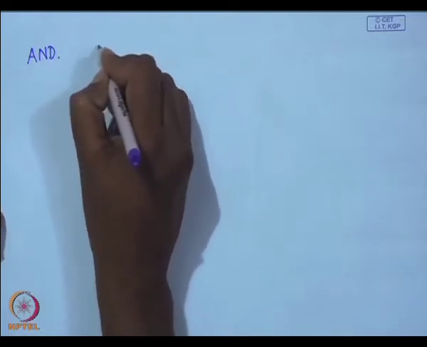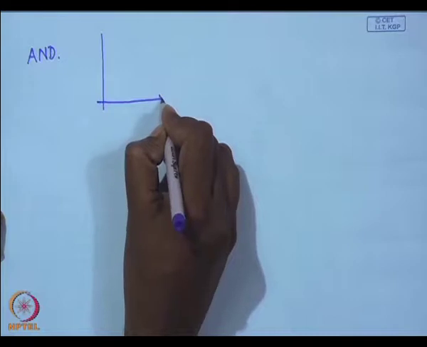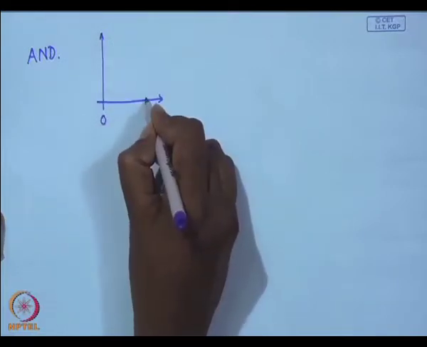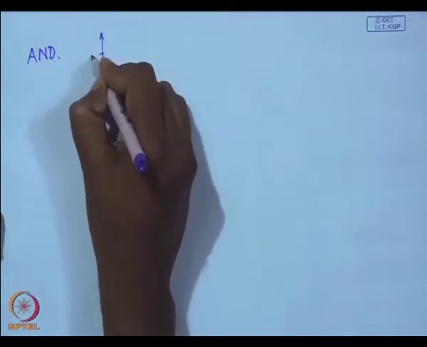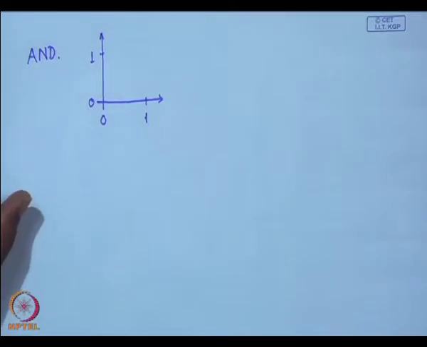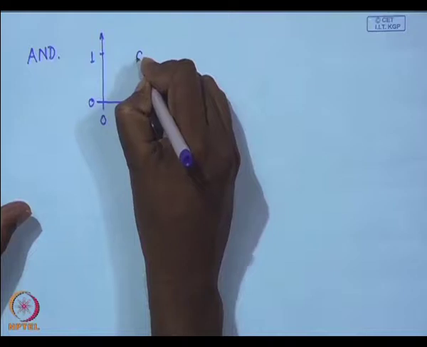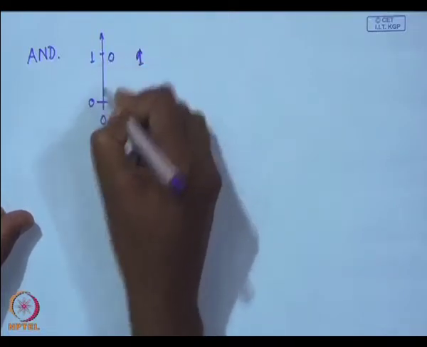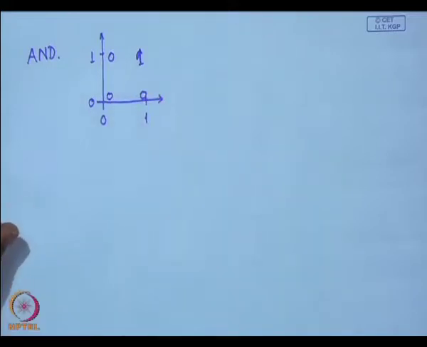In case of the AND function, if I represent it as a two-dimensional binary vector, I have the input components 0 0, 0 1, 1 0 and 1 1. Only when the input is 1 1, the output is 1. In all other cases, 1 0, 0 0 or 0 1, the output is 0.